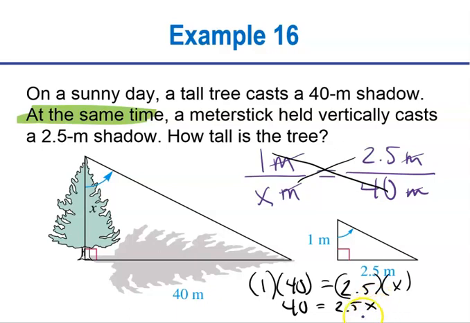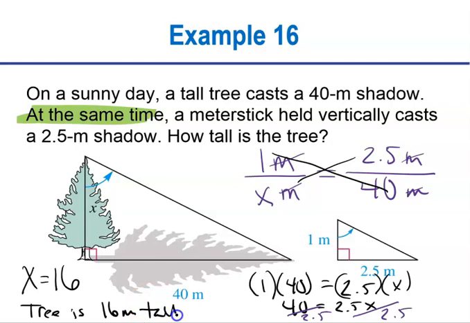To get x isolated, I'm going to divide both sides by 2.5. And we know, or we could type it in our calculator, that 40 divided by 2.5 is 16. We know better than just to circle our answer right here. We would say the tree is 16 meters tall.